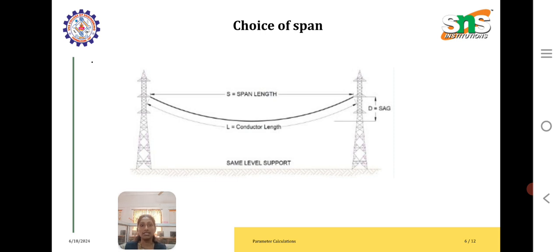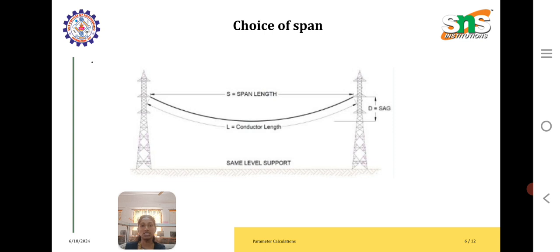See, this is the span length. S is the span length, that is the distance between two towers. L is the conductor length, that is how many meters of conductor we are going to use, and the difference between the span length and the conductor length we call sag. That U-shaped structure is called sag. Here we have same level supports, that is, both the poles are at the same level.